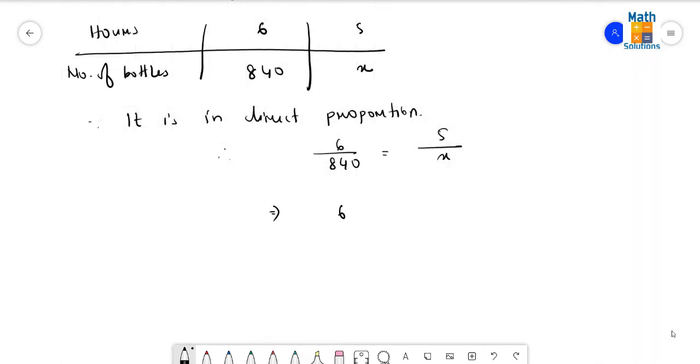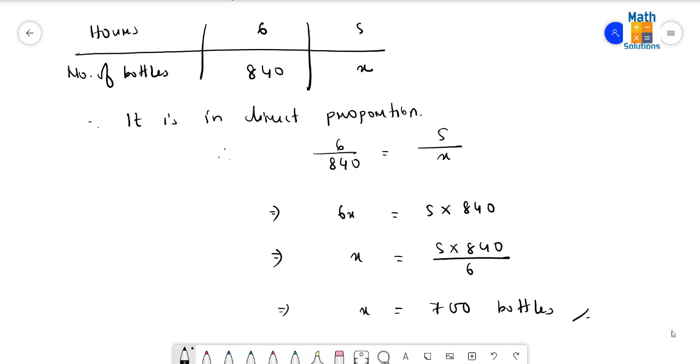This will be 6x is equal to 5 into 840. So x will be equal to 5 into 840 divided by 6. On simplification, we are going to get 700 bottles. And this is the answer. Question number 5 can be solved in the same way. Thank you.